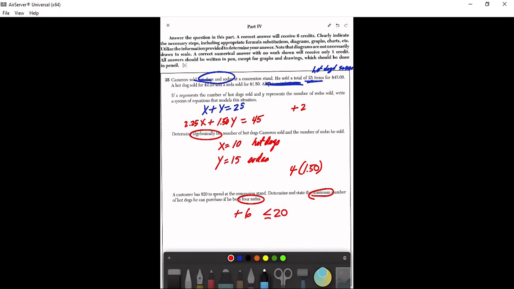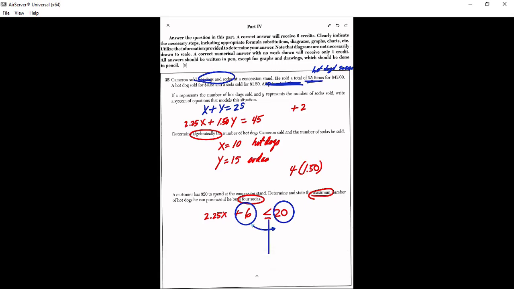So what we're going to do is 2.25x plus 6 is less than or equal to 20. And then I am just going to solve algebraically. Okay, so this is circle, this is circle. Move this over, becomes a minus 6, so 14 is greater than or equal to 2.25x. Divide both sides by 2.25.